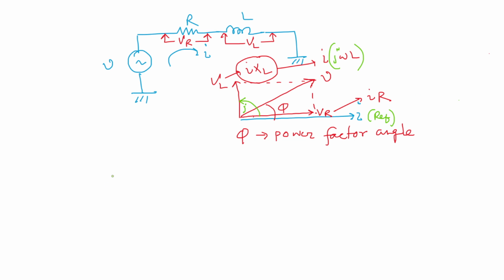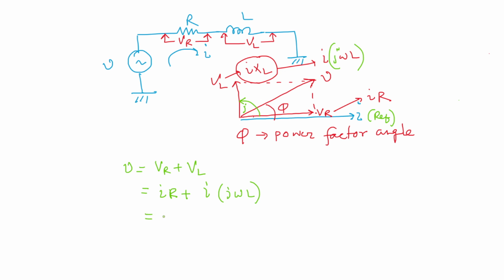So we write V is equal to VR plus VL. VR is equal to IR, and VL is equal to I into J omega L. Why this J? Just to illustrate the 90-degree rotation.